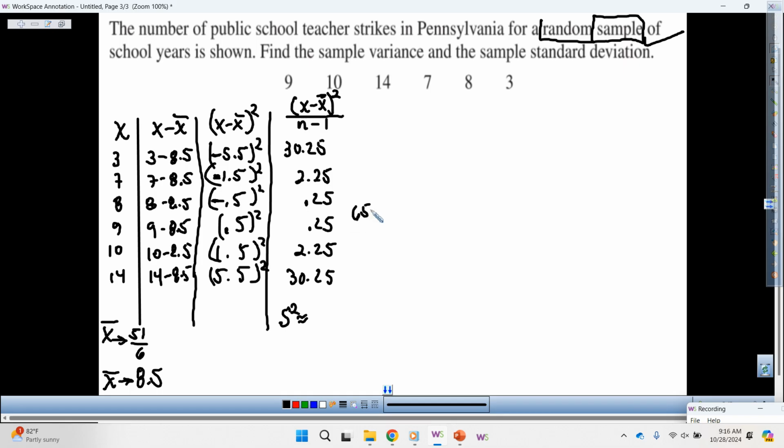Should be 6550, is that correct? Yes? And then divided by 1, 2, 3, 4, 5, 6. But what is 6 minus 1? That is 5.